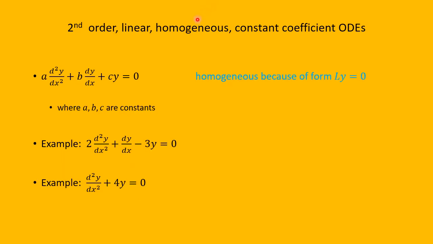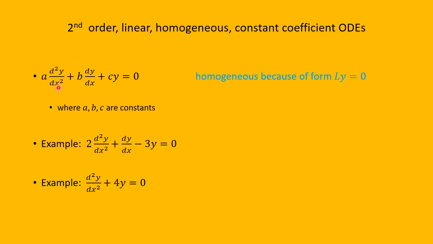So now we're going to narrow our focus down even further. Let's look at a second order linear homogeneous constant coefficient ordinary differential equation. It'll be a constant a times the second derivative of y with respect to x plus another constant b times the derivative of y with respect to x plus c times y of x equals 0.